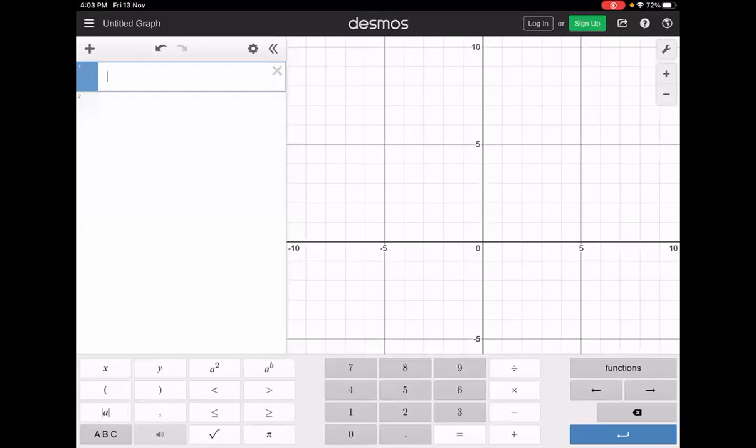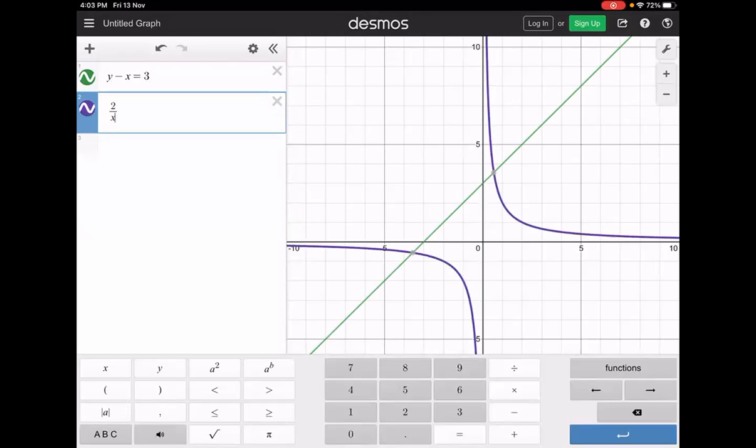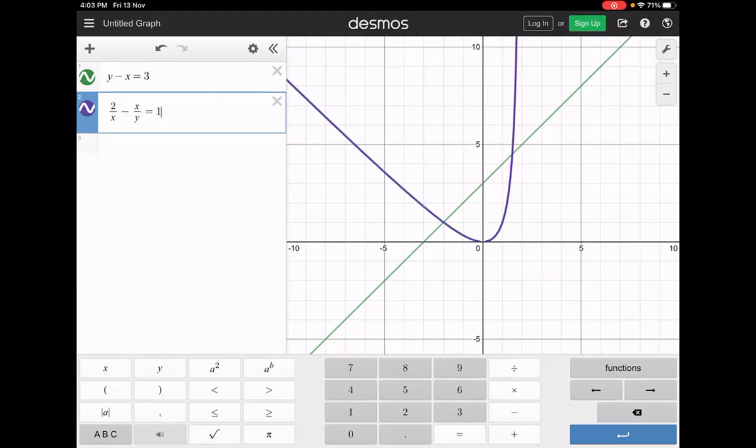Okay, let us look at how the equations will be shown on the graph. So it was y minus x is equals to 3, and it was 2 upon x minus x upon y equals to 1.